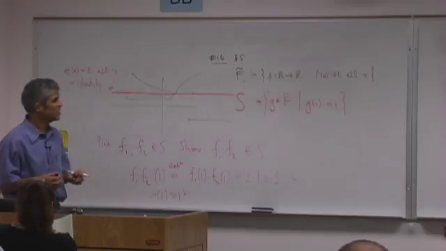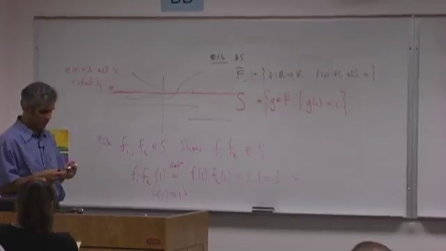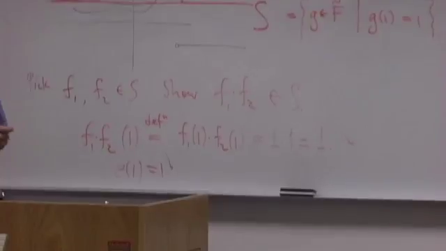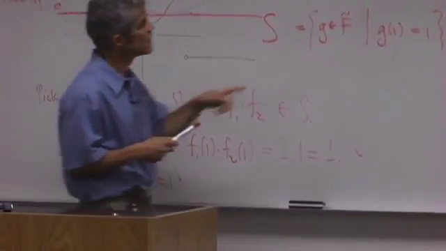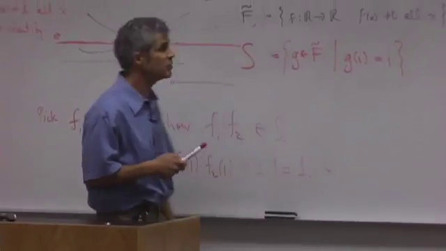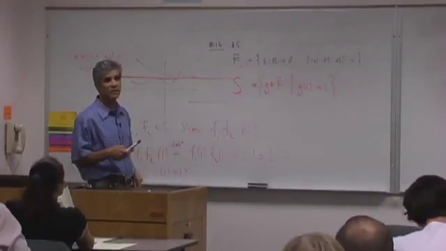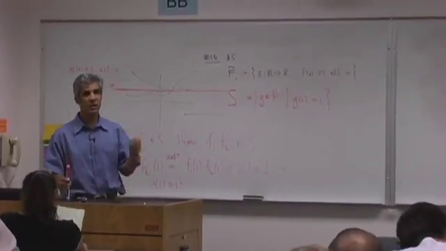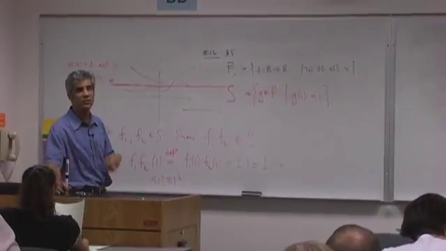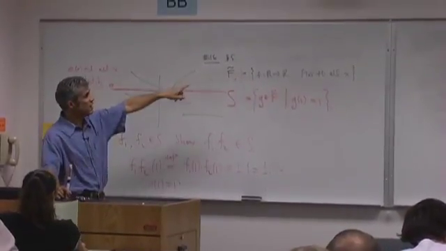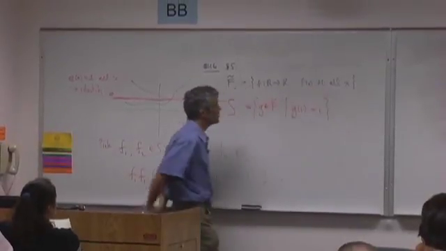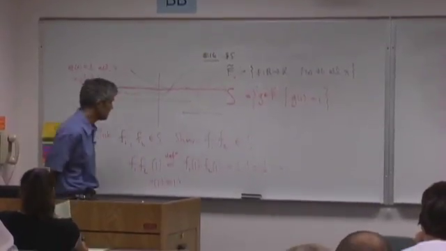And the last one is, if you hand me an element, its inverse exists. Why? That's where this condition gets used, folks. If I hand you a function and it would have gone through the x-axis here, then there would have been a place where the output was 0, and you wouldn't have been able to write down an inverse function for it. So the fact that the inverse exists is a consequence of the hypothesis on the functions that we're looking at in here.